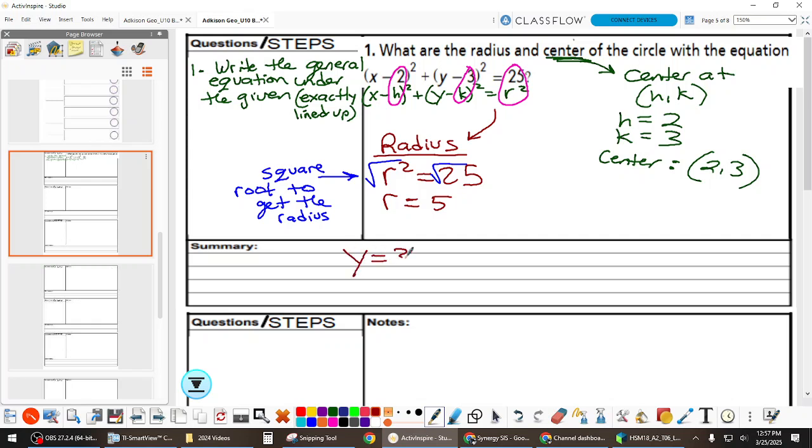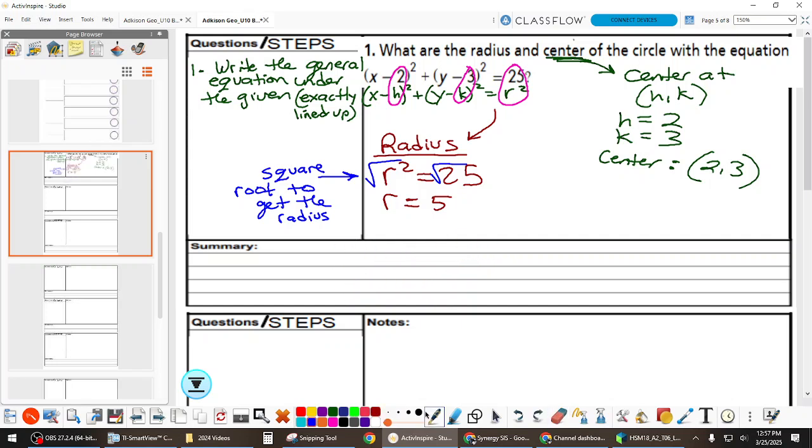If I gave you this equation, and I said, instead of where's the center and what's the radius, what's the slope and what's the y-intercept, well, you could do the same thing. So write the general form right beneath the given one, and then circle the pieces. So what's the slope? 3. What's the y-intercept? 5. We're doing the exact same thing. It's just with a new equation, okay?